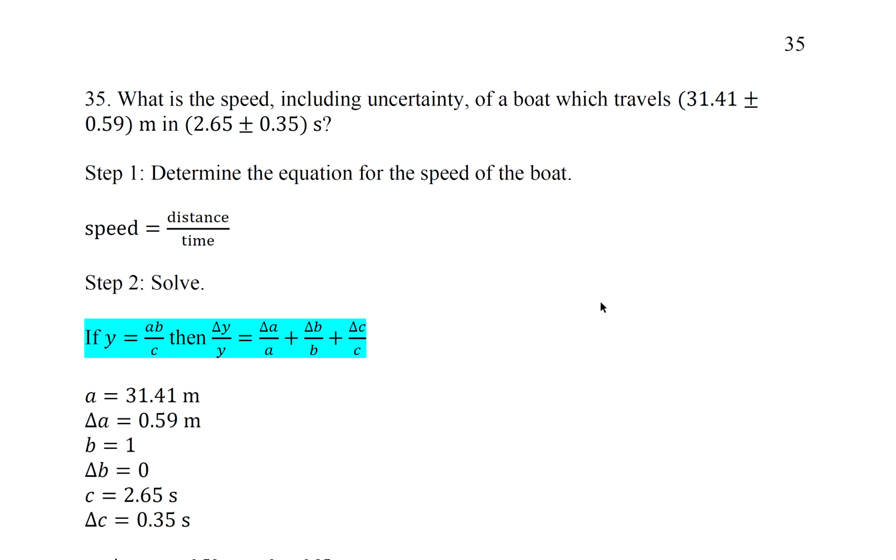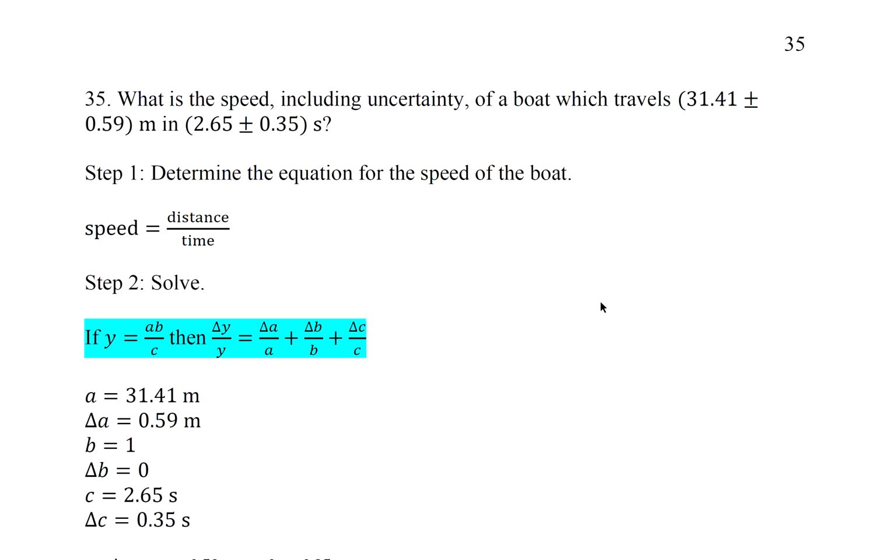Question 35. What is the speed, including uncertainty, of a boat which travels 31.41 plus or minus 0.59 meters in 2.65 plus or minus 0.35 seconds? So, step 1, determine the equation for the speed of the boat. Speed is distance over time. Looks like we're dividing. So now we have to use the equation in blue.